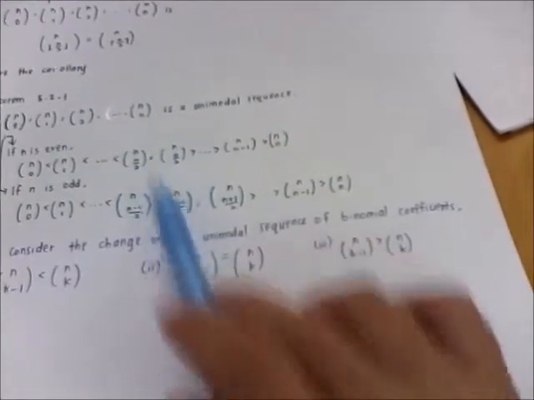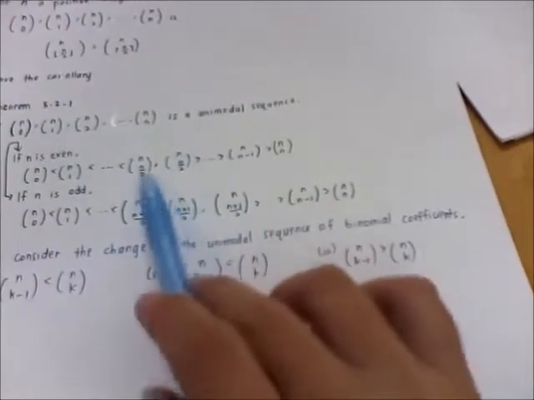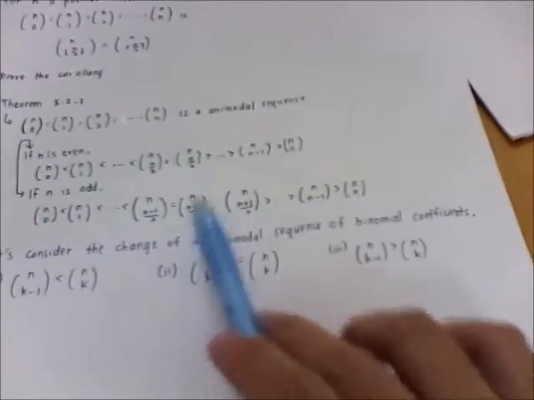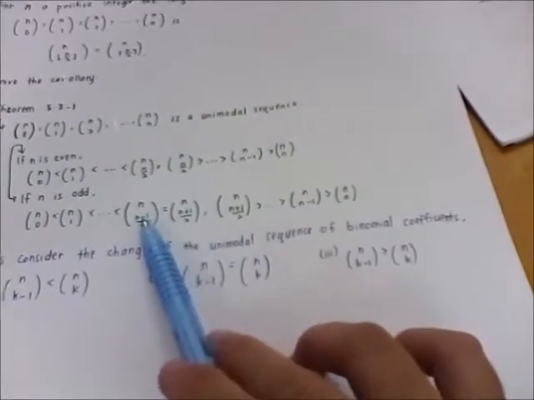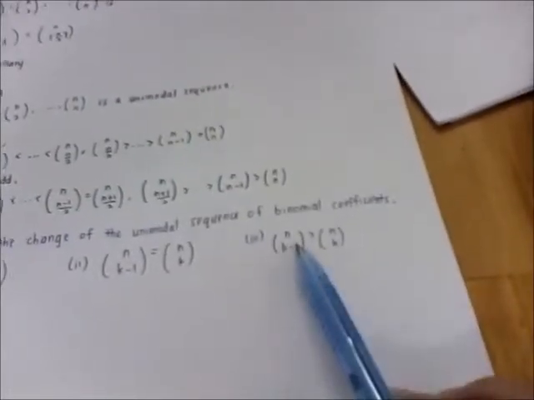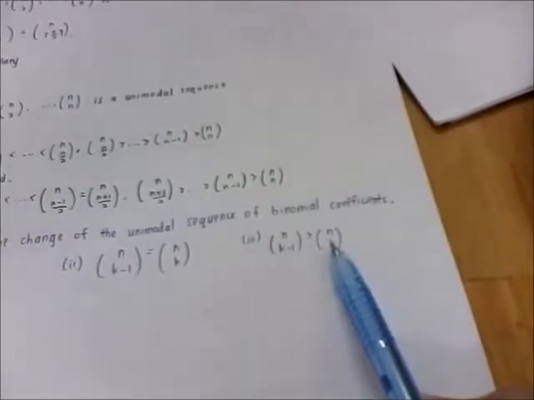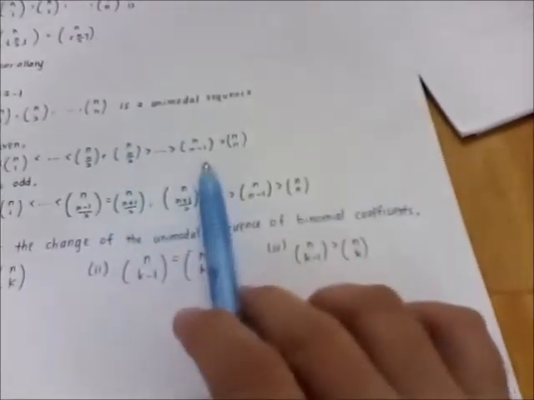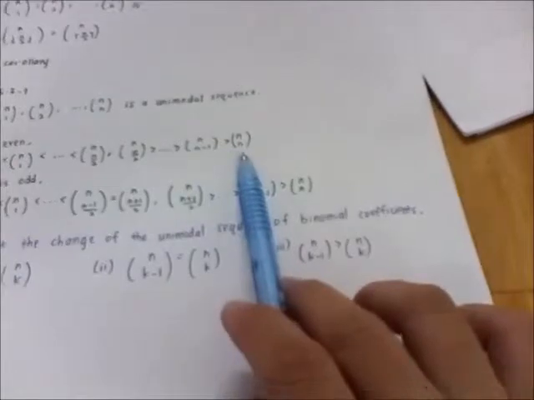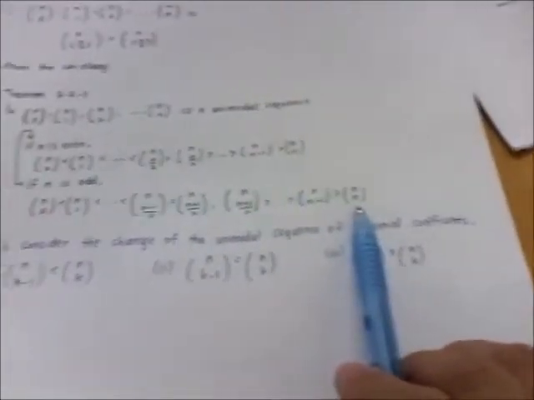For even n it is the same term, while for odd n the initial term and the next term are the same. For the third situation, the initial term is bigger than the next term, so it's decreasing for both even and odd n.